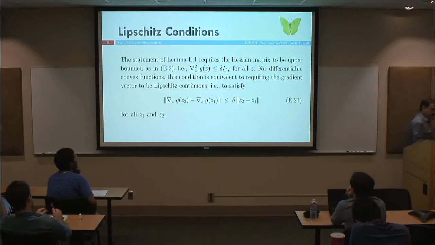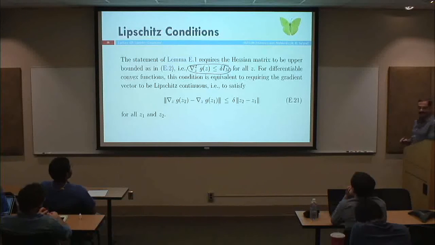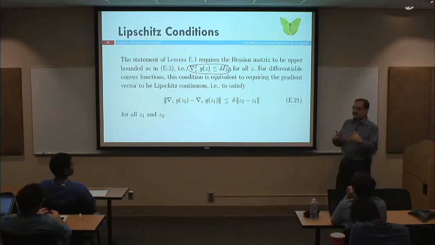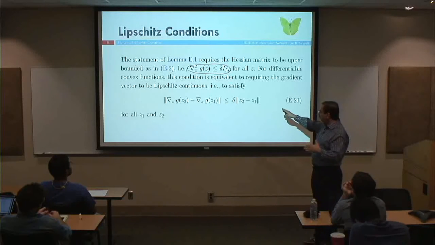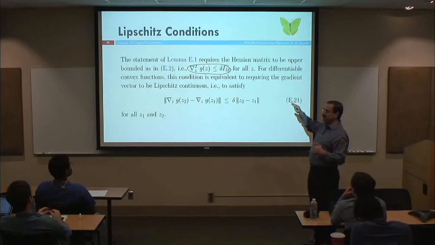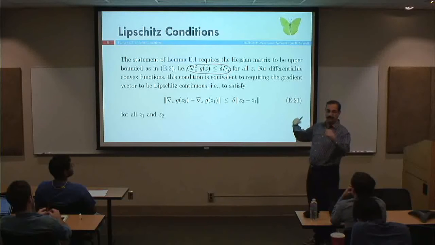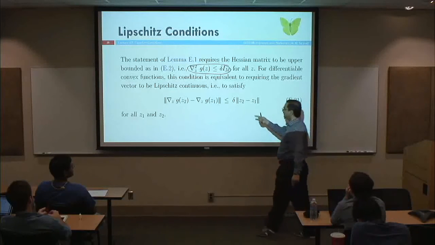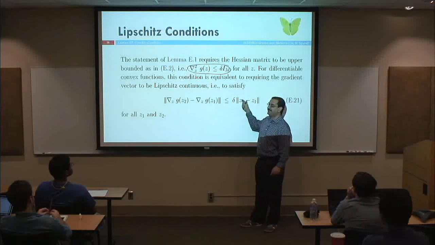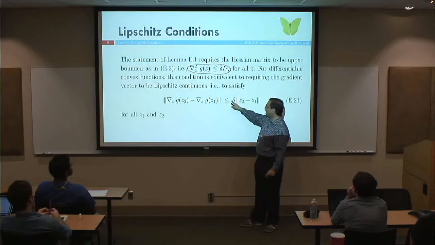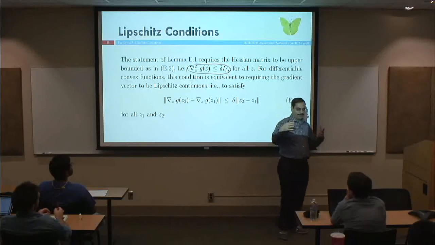The second thing I want to show you is this result. I assumed that the Hessian is upper bounded by delta I, right? That was a condition I needed to be able to arrive at the conclusions I got. I want to show here that saying that the Hessian is upper bounded by delta is equivalent to saying that the gradient vector is delta Lipschitz. That's the language we use. So you will hear Lipschitz a lot in this course, okay?